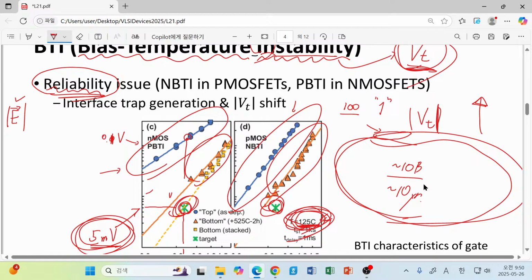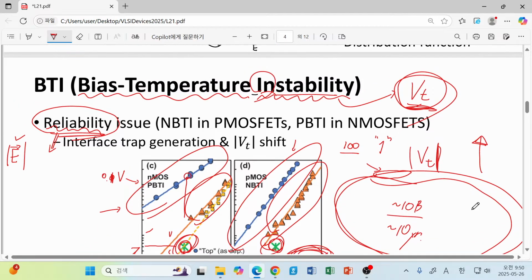So I think I have stressed the importance of reliability quite a lot, and among many reliability issues, in current VLSI devices, this BTI is the most important one, and that's the reason why I bring up BTI. Depending on their bias conditions, we further divide them into two parts, NBTI and PBTI.